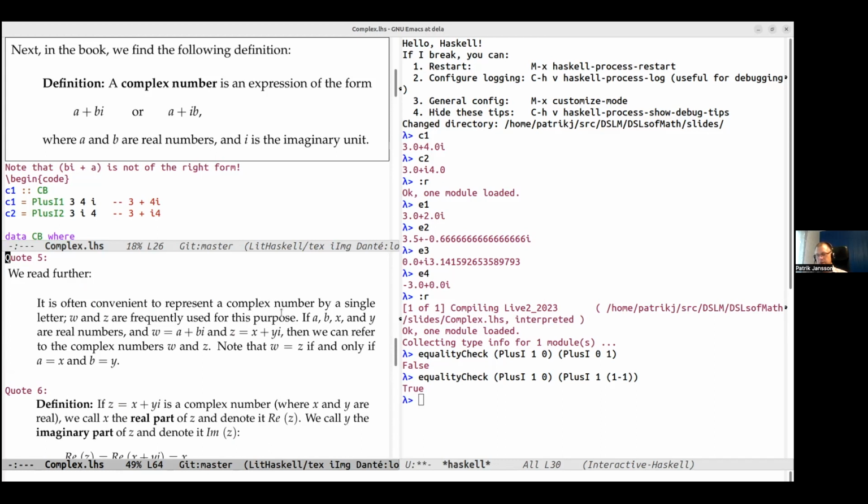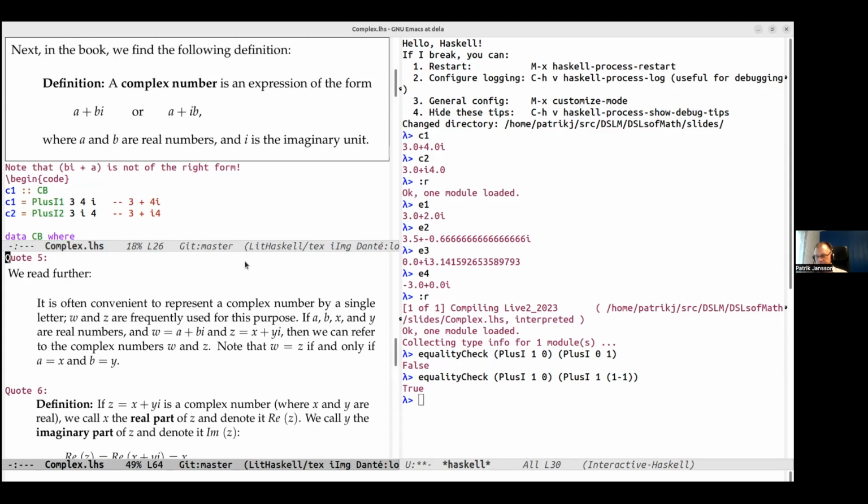So I think it's a little bit misplaced to say that we can represent a complex number by a single letter. It might be helpful to say that W and Z are frequently used, because in the math books, they rarely give types. But here they say that, well, if you see W or Z, you should be suspicious that these are perhaps not real numbers or integers. They are probably complex numbers.